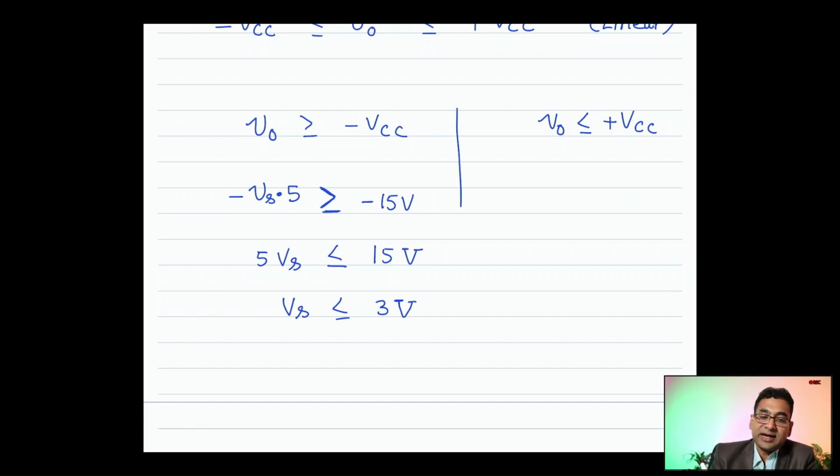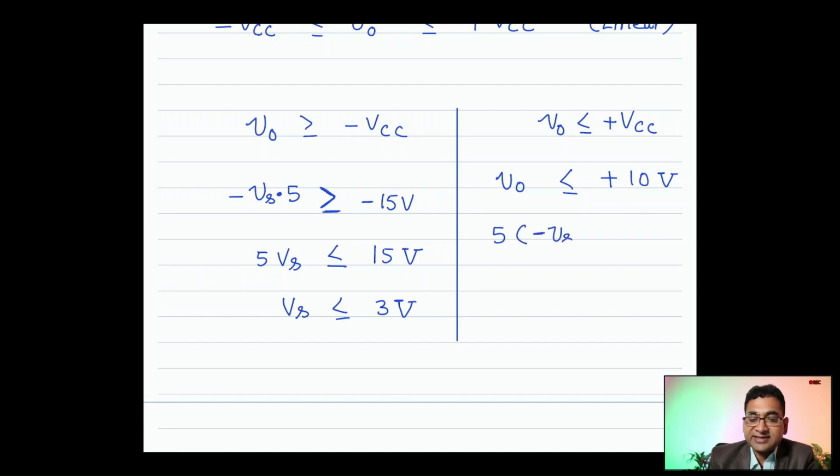Let's see what happens on the positive side. You want to make sure that VO is less than or equals to plus VCC, which is given to be 10 volts. So 5 times negative Vs should be less than or equals to 10 volts.